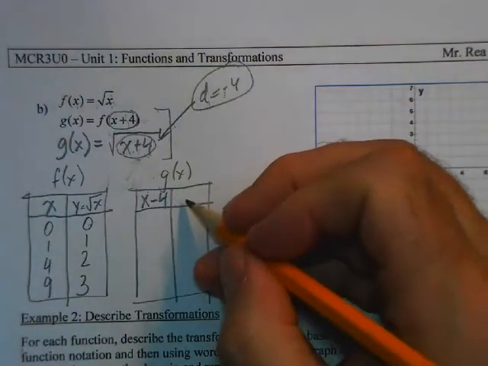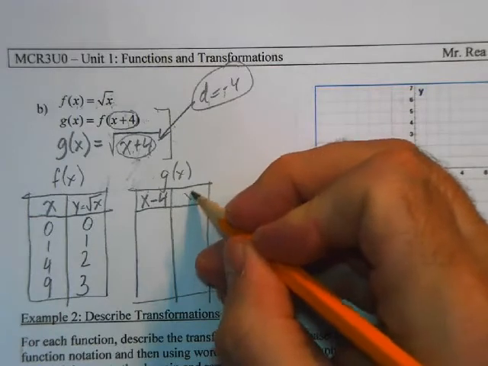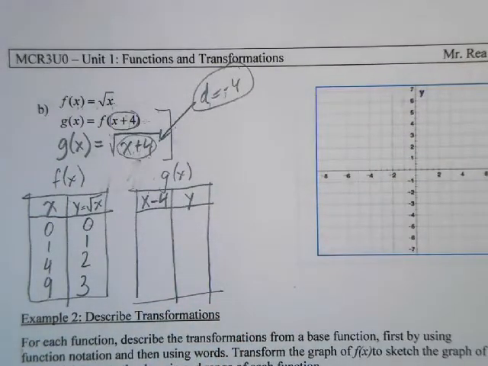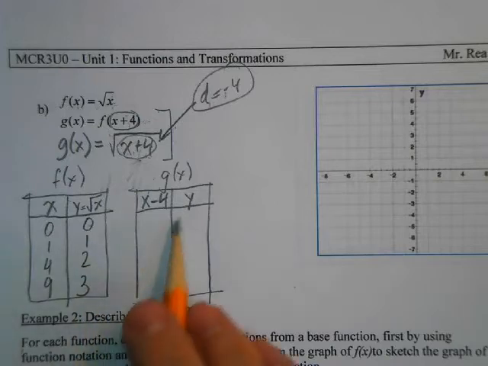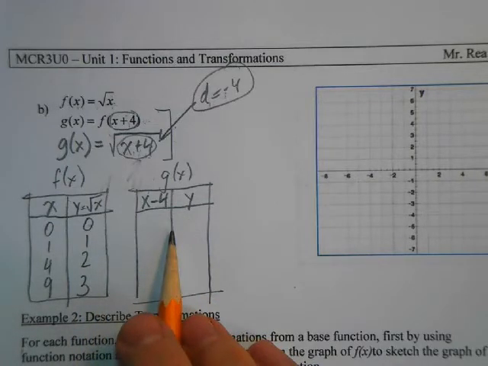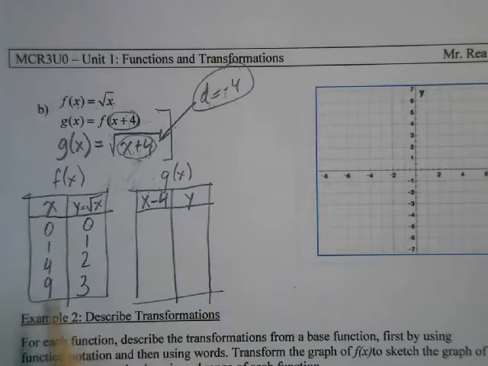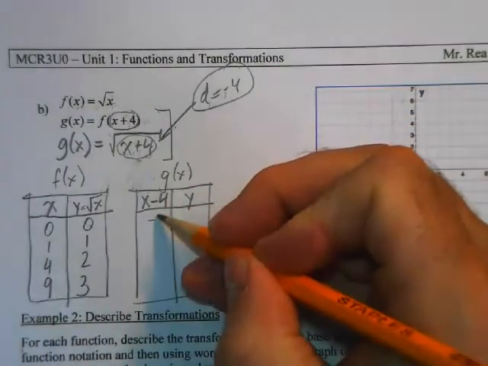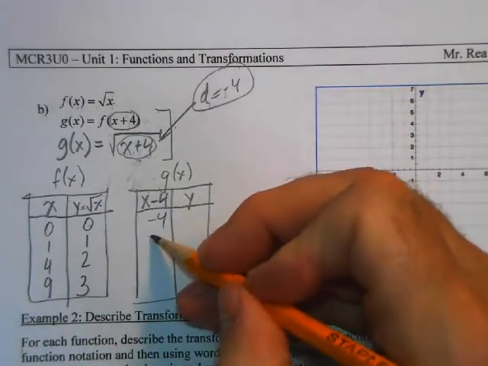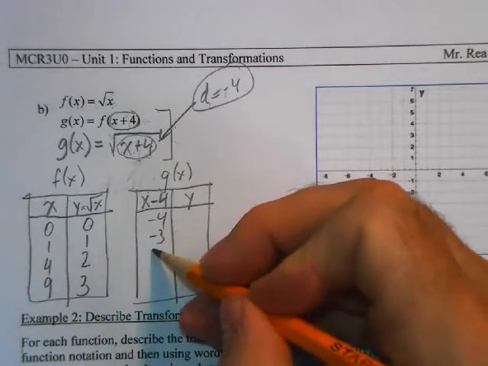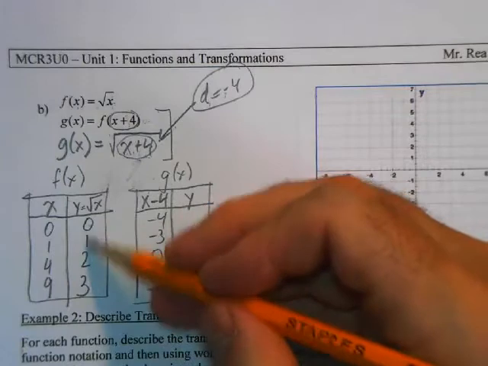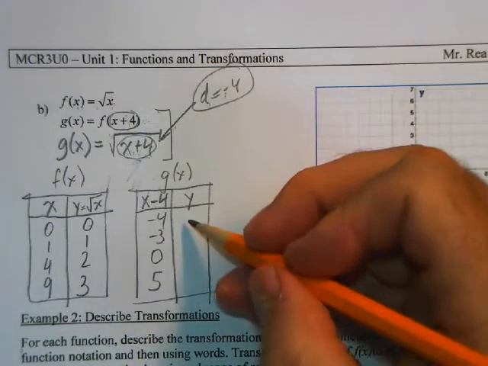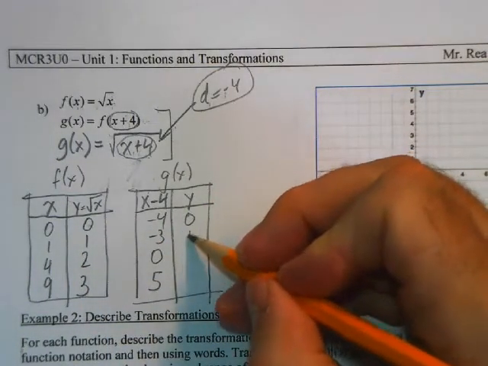The y value does not change at all, because there's no vertical translation in this case. So 0 minus 4 is minus 4. 1 minus 4 is negative 3. 4 minus 4 is 0, and 9 minus 4 is 5, and these y values remain unchanged: 0, 1, 2, and 3.